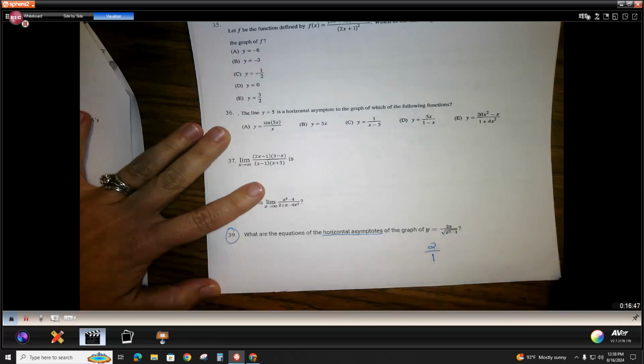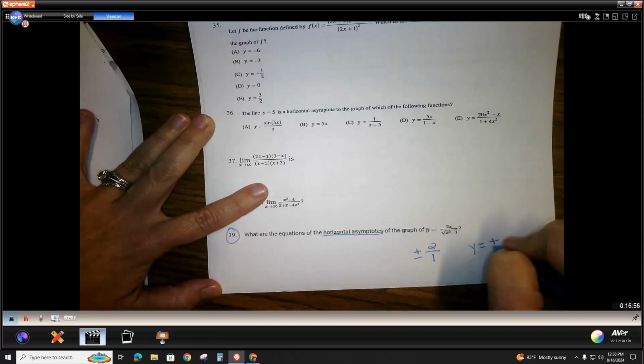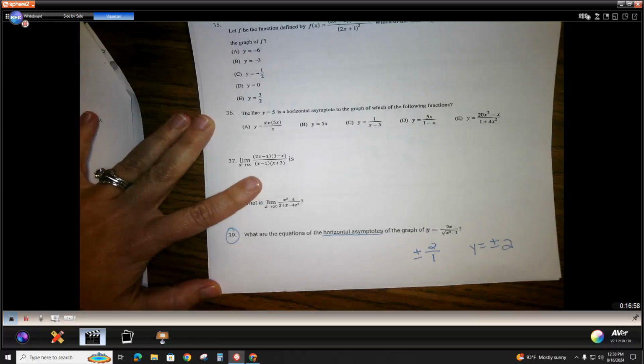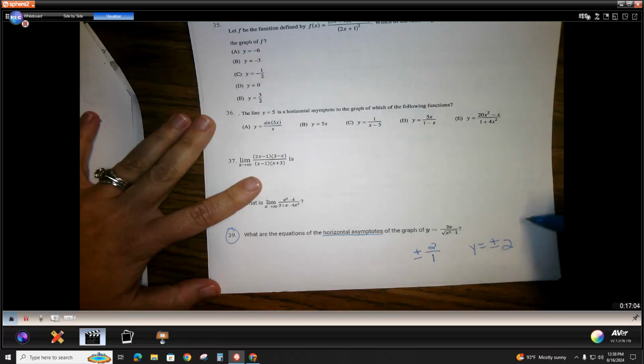Now because I have a square root in here though, it's always going to be plus or minus. So my horizontal asymptote is going to be y equals positive and negative 2. It's always interesting to look at these in the graphs. If you put this in Desmos or in your calculator, you'll see that it does some funky thing where on this side maybe it's approaching positive 2, and on this side it's approaching negative 2.